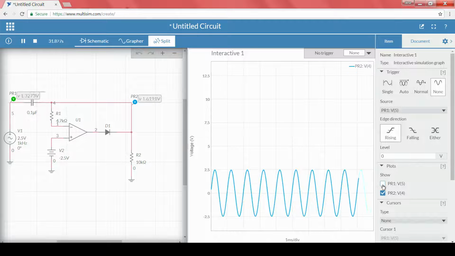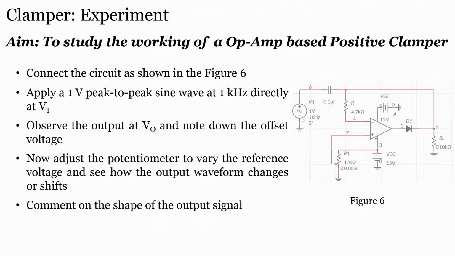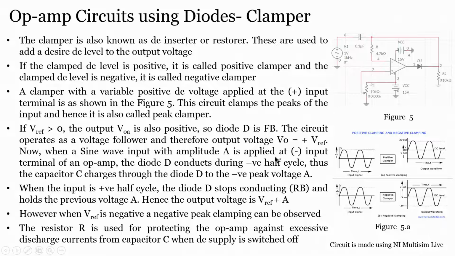I will disable the input, and when you see the output signal, it is also showing the same peak to peak, because the reference is minus 2.5. That means I do not need any shift. If you recall what the professor has discussed in this lecture, whichever voltage is to be clamped has to be provided at the input.